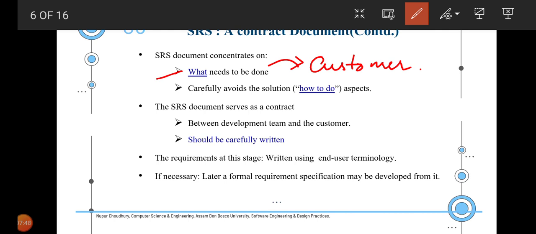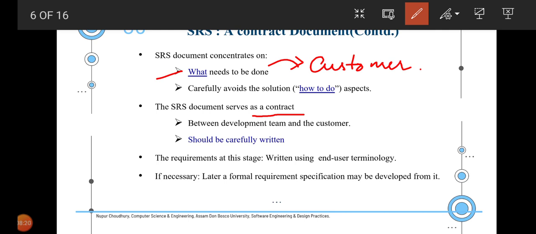And as already mentioned, it should be carefully written because it is a contract or a reference document between the development team and the customer, and any controversies which may relate to the project will be solved or settled using this SRS. And the requirements at this stage are written using end users' terminology.